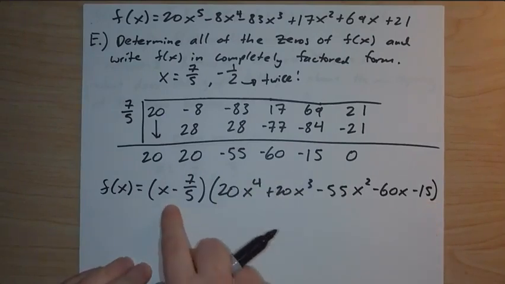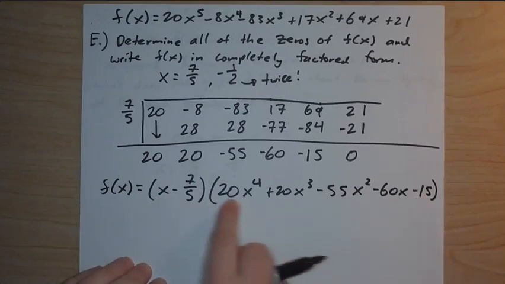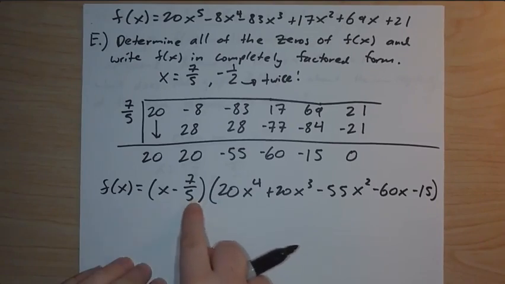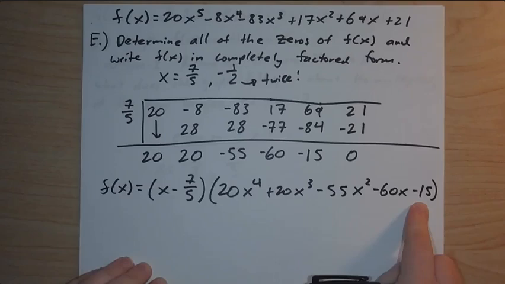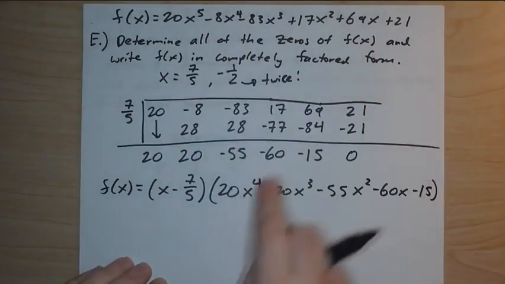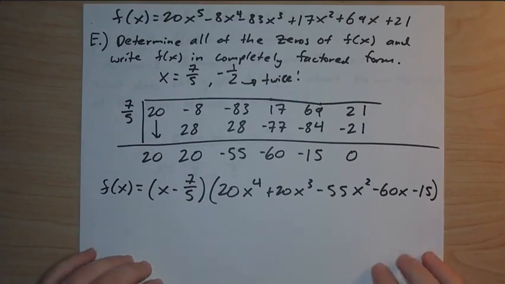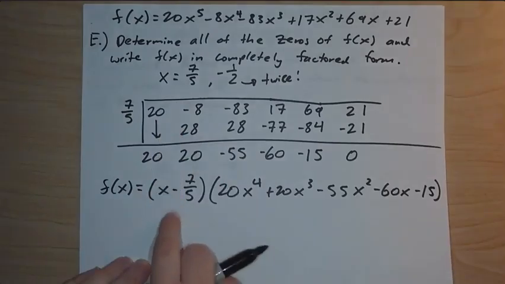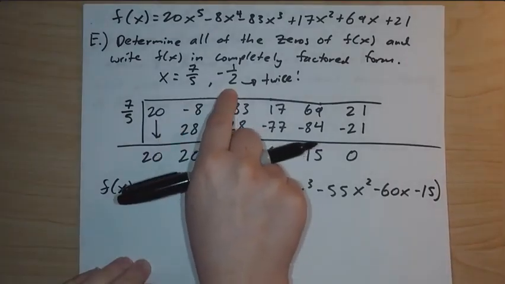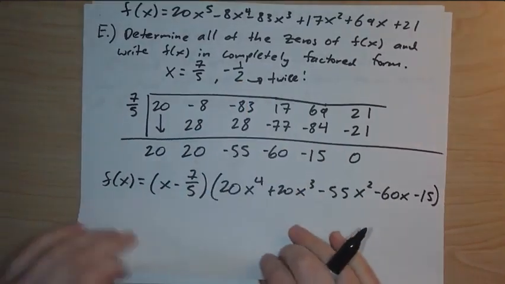And we're going to continuously divide out zeros from every single big polynomial that's left like this. Because we took out x minus 7/5, we can now focus entirely on this simpler polynomial and divide out more zeros from it, and so on and so forth. We already took out 7/5, but we can take out negative 1/2 twice. So we're going to divide this polynomial by negative 1/2.